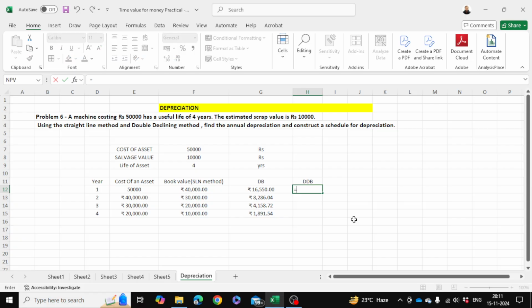Similarly you can calculate it for DDB, right? Take the cost from here, then you have to take the salvage, make it constant. Take the life, again constant, right? Period for this year, second year, right? And you have to calculate it.